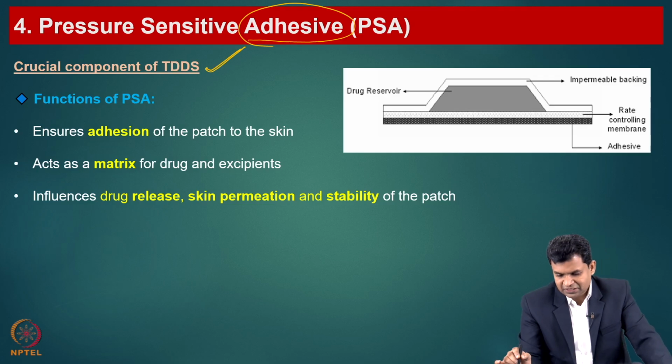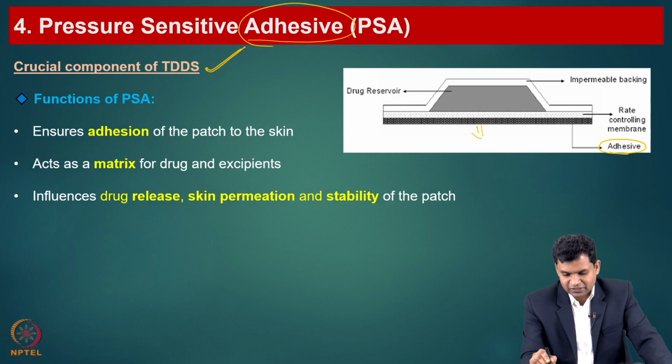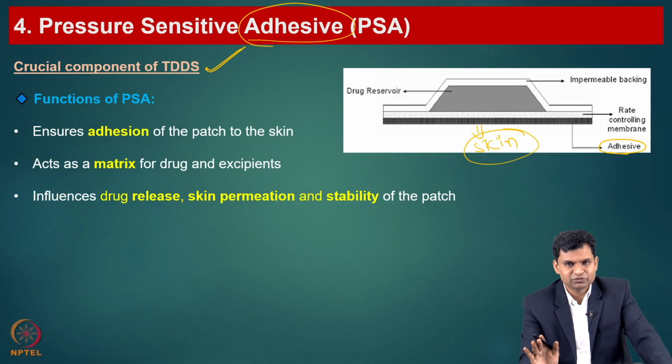Here you can see the adhesive layer, which contains the adhesive materials that will stick with the skin. So, the contact time ultimately depends on the selection of the right pressure sensitive adhesive material.